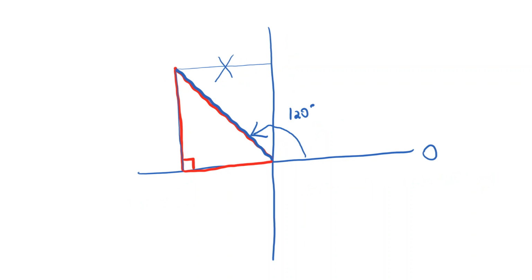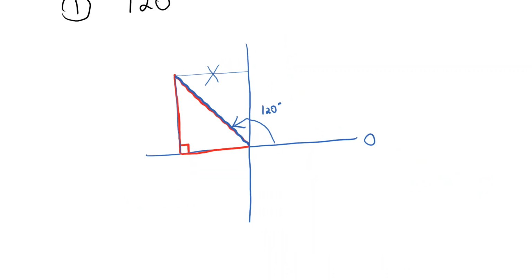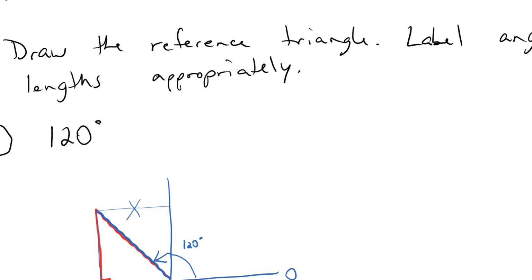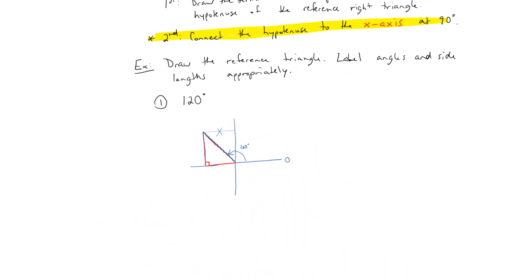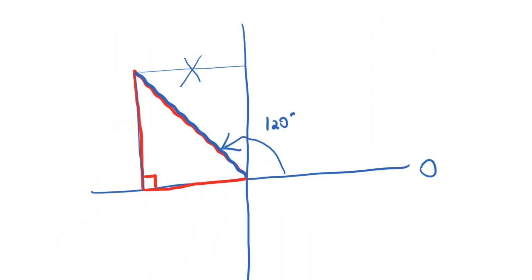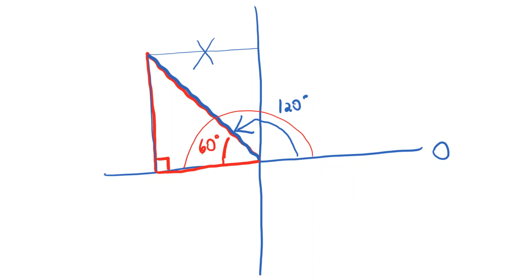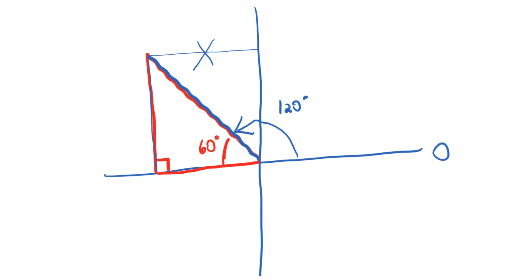So our reference triangle is going to be hypotenuse to the x-axis at 90 degrees, and now we've got our triangle, okay? Now we want to label the sides and angles appropriately. There are 3 angles, 3 sides of that right triangle, okay? So if this is 120 degrees, then this angle here has to be the other 60, because the top half of the plane makes up 180 degrees.